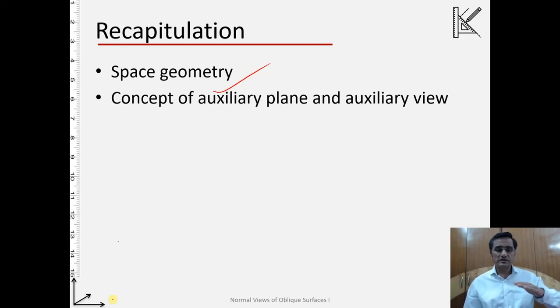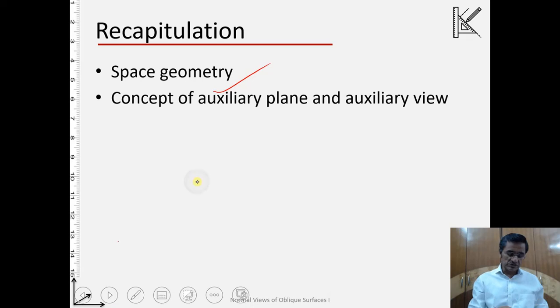Whenever there is a certain surface which is not parallel to any of the principal planes, then the orthographic view of this surface, the oblique surface, on the principal planes, frontal, horizontal and the profile, will be a foreshortened view. This is why we need to identify a different plane which is parallel to this, so that the oblique plane can be projected onto this, and the projection will be auxiliary view, and this will be the normal view of this particular plane. Alright, so this is why we need it.